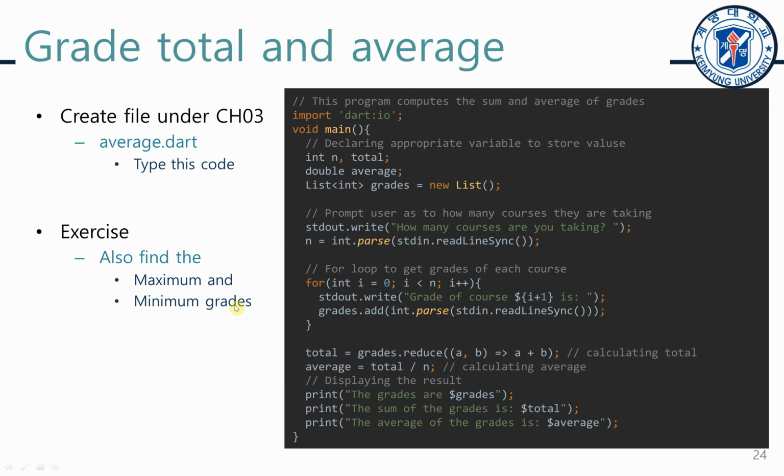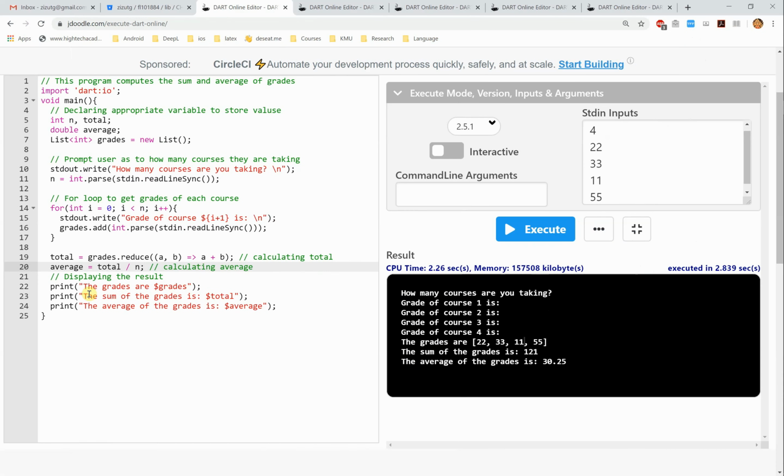Then you can continue to update it. So for instance, I can say int max, comma min. Then I can assign them like 0, 0.